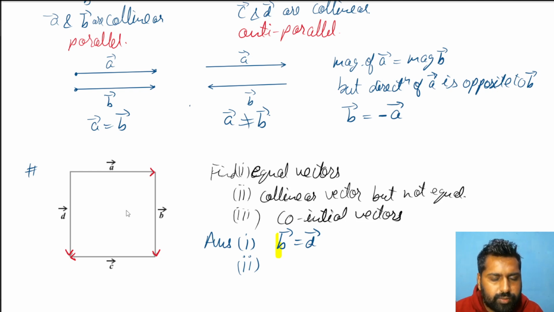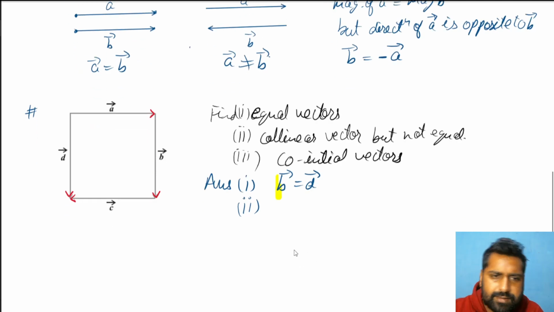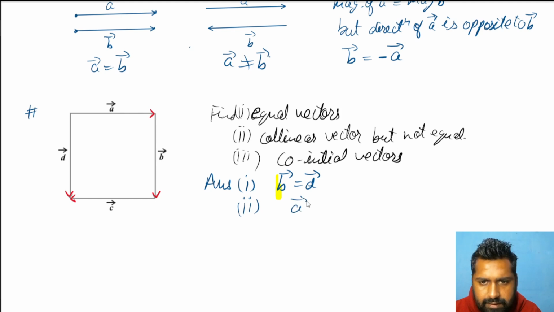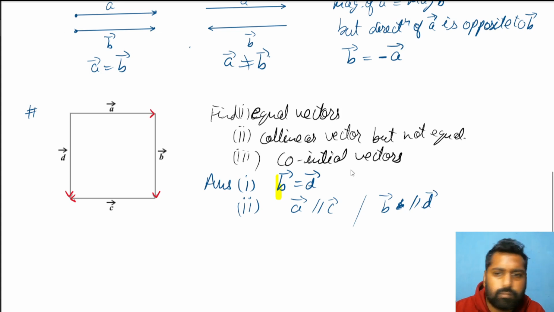So which two vectors are parallel? Clearly, if we write in terms of parallel lines, I can say your A vector and C vector are in opposite direction, so anti-parallel. And your B vector and D vector are also parallel. This is not a notation, remember that. I'm just writing it for you to understand right now.